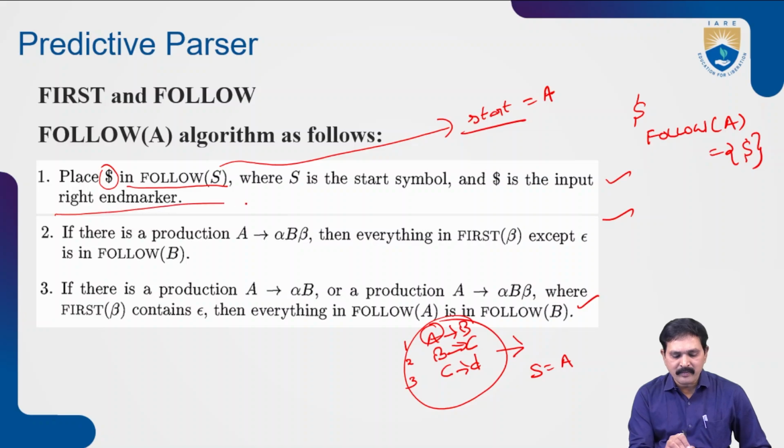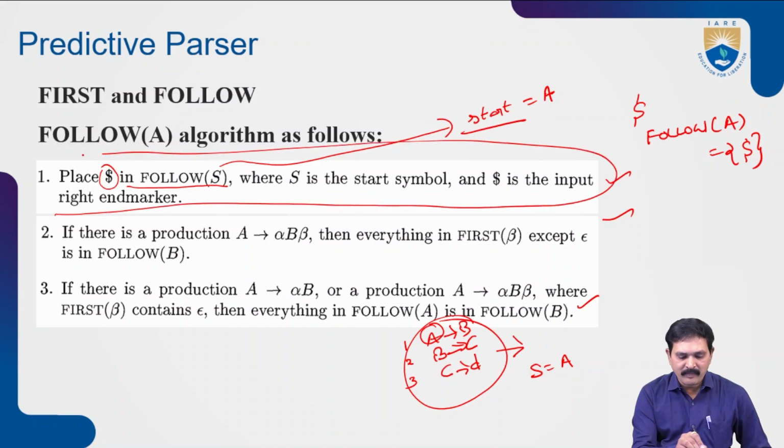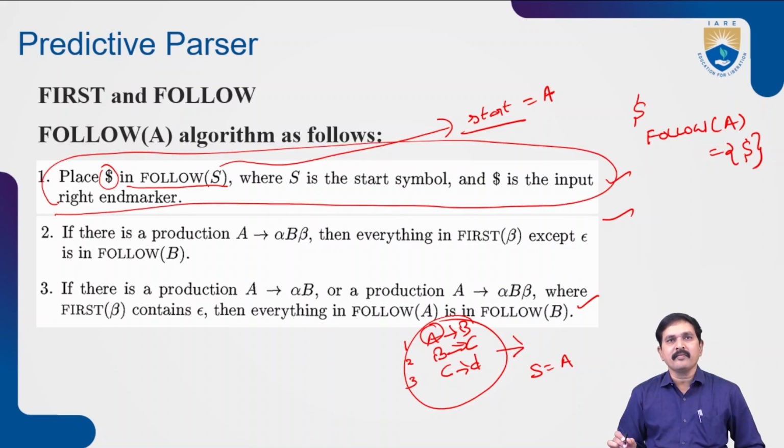That is the meaning of the first rule of the follow algorithm. Here the only thing is the starting symbol in the grammar rules. So for the starting symbol, you can apply the follow algorithm directly: follow of the particular starting symbol is equal to dollar. That is the major idea of the first rule.